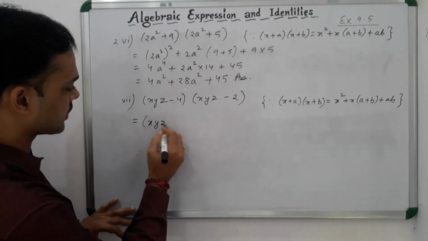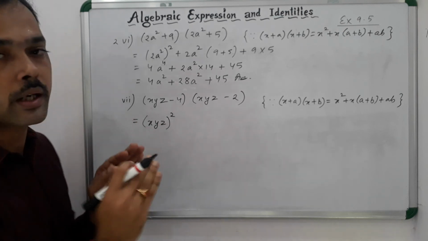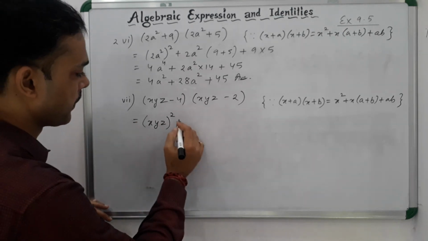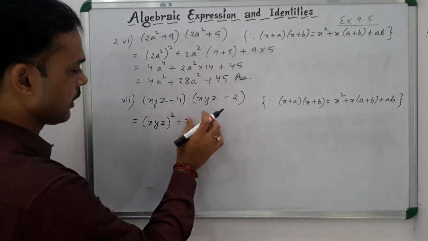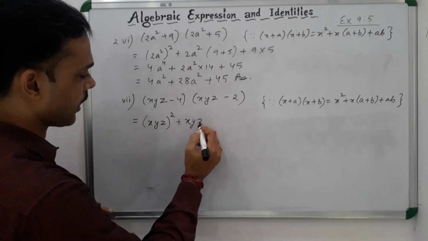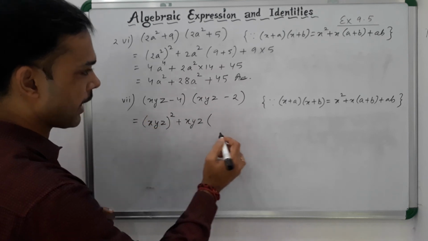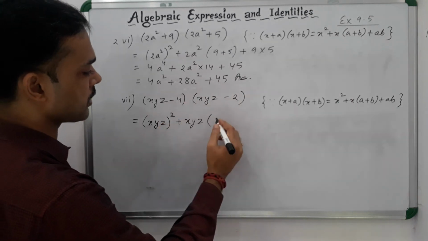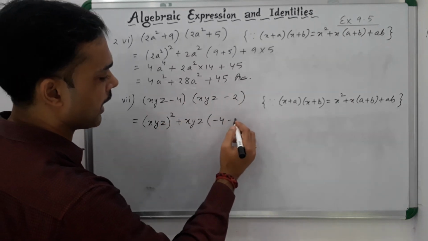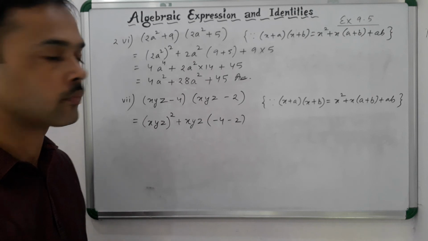It is x square means xyz whole square plus x. At place of x we have got xyz. In bracket it is a plus b. At place of a we have minus 4. At place of b we have minus 2.